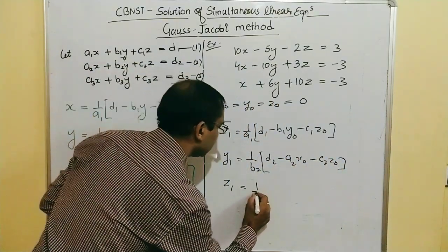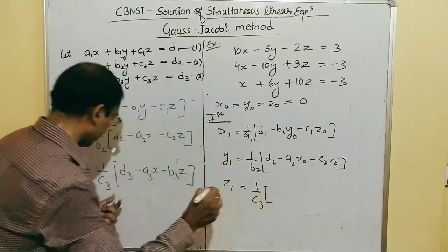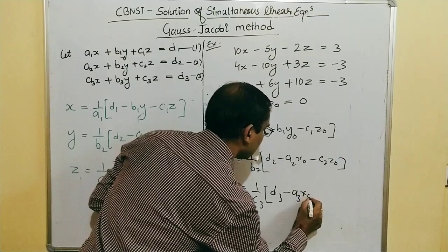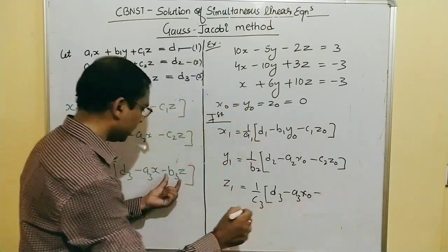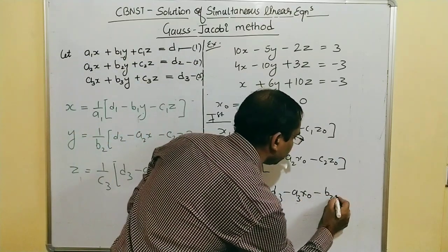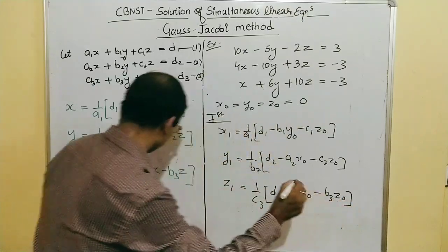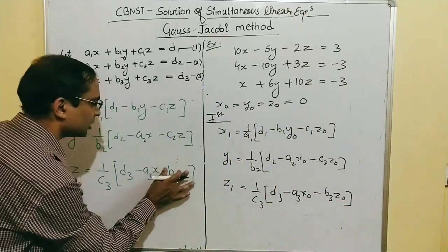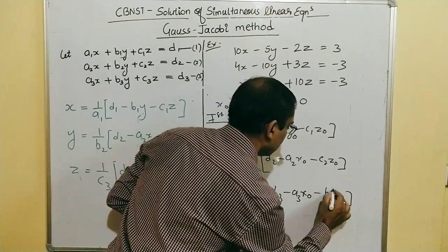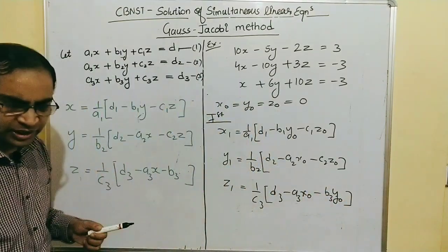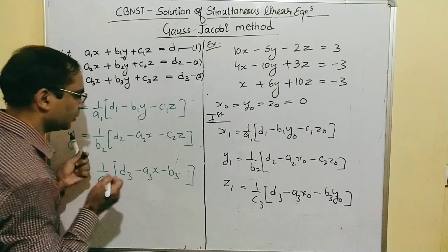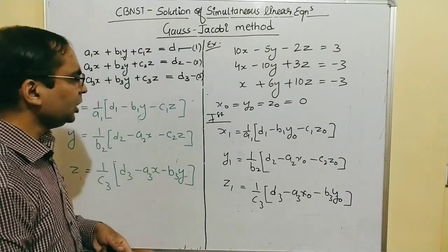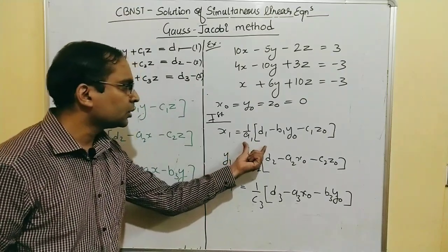This is 1 upon c3, d3 minus a3 x0 minus b3 y0. Let me correct this, that this has to be y0.